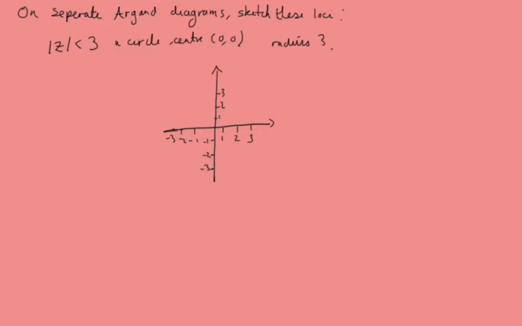Because it's not the actual circumference, we'll draw our circle as a dotted line. By drawing it as a dotted line, we're indicating that it's inside the circle. We can shade in the circle, that is all points within the circle, but not the circumference.